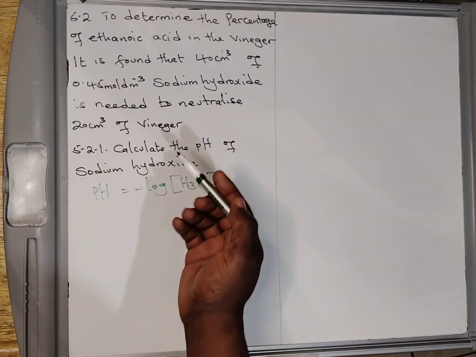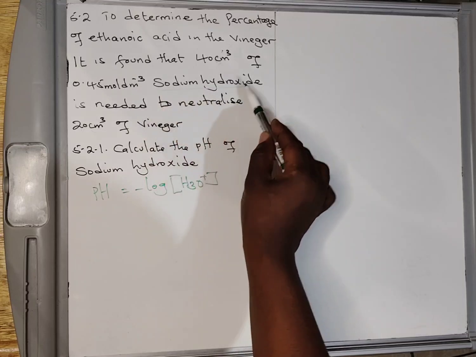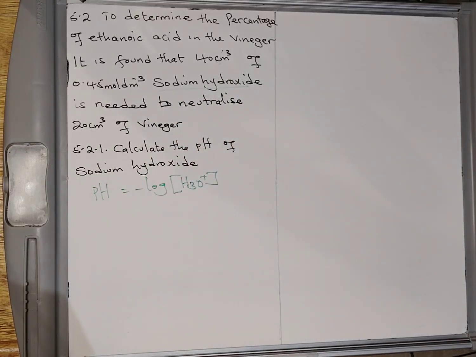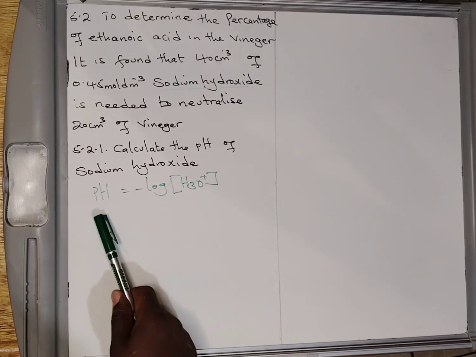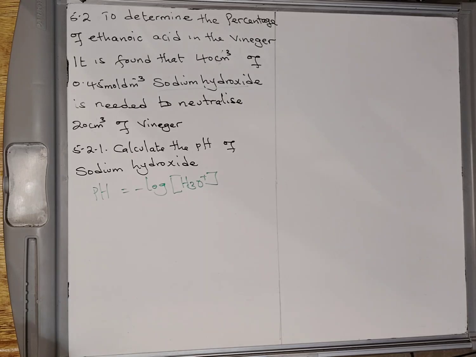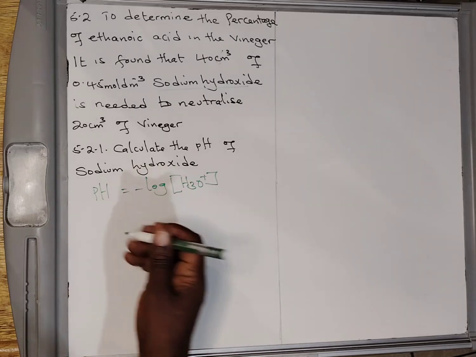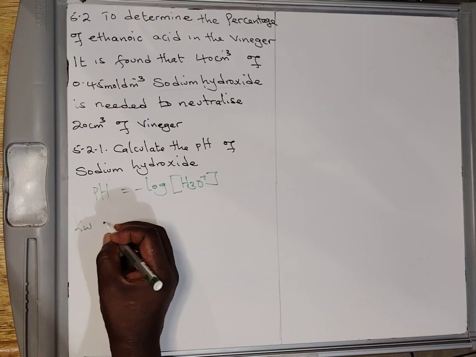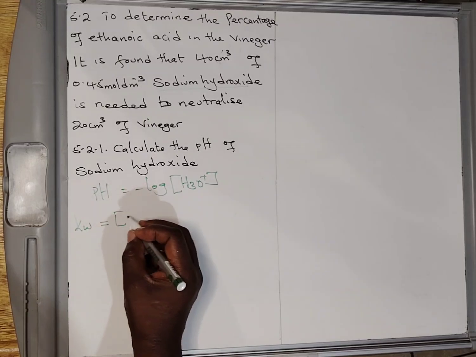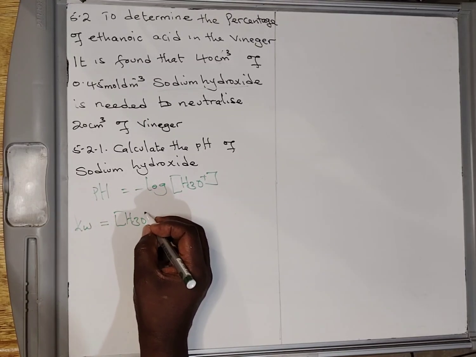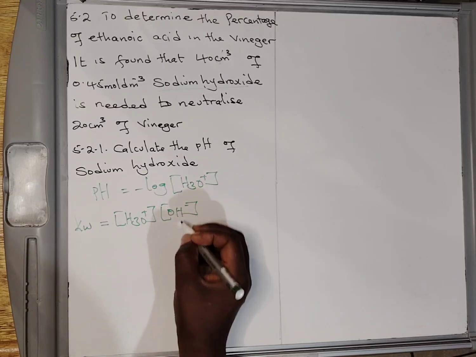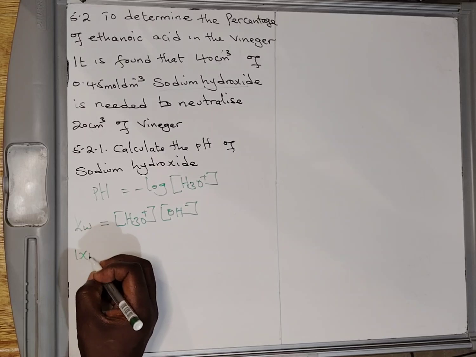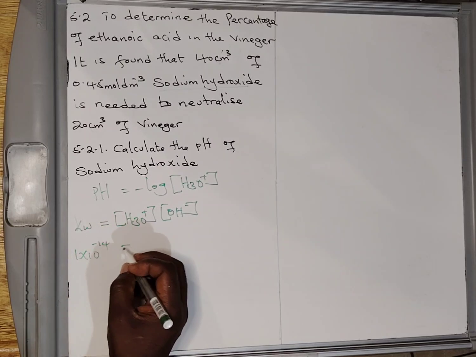Now remember that we are talking about sodium hydroxide, which is a donor of OH, and this formula needs the hydronium ion. So we apply our KW to help us solve that problem. KW is equal to the product of these two concentrations, and KW is known, 1 times 10 power minus 14.